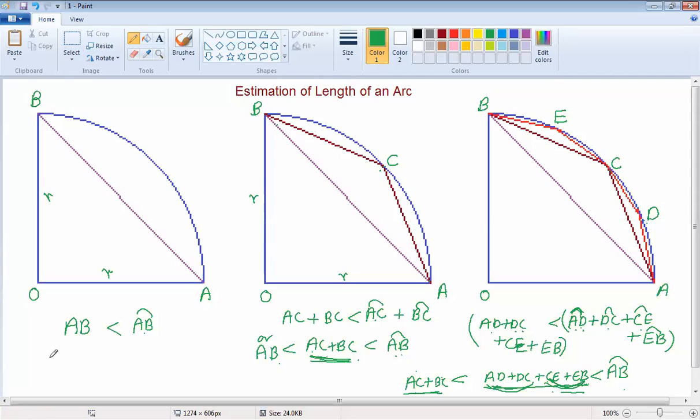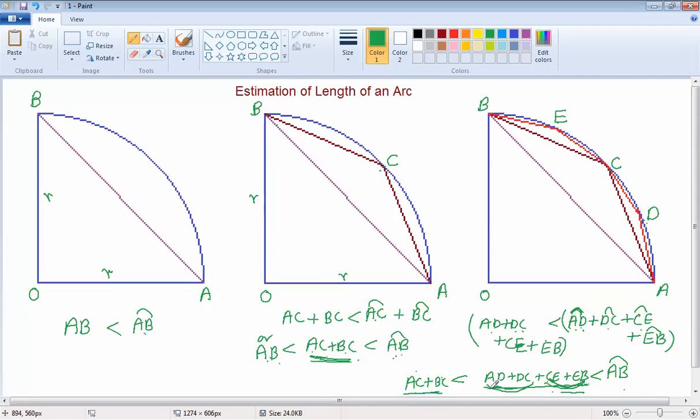It means starting from the first, we took AB straight distance, it was less than the arc length AB. Then we took the sum of two straight distances AC and BC. That sum became more than the straight distance AB, but it is still less than the arc length AB.